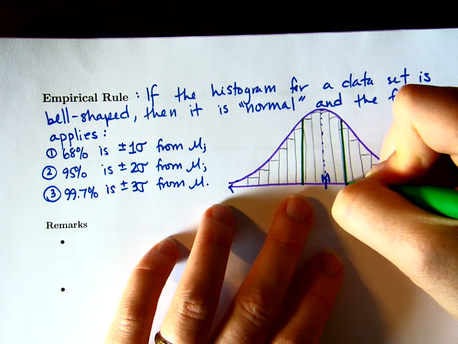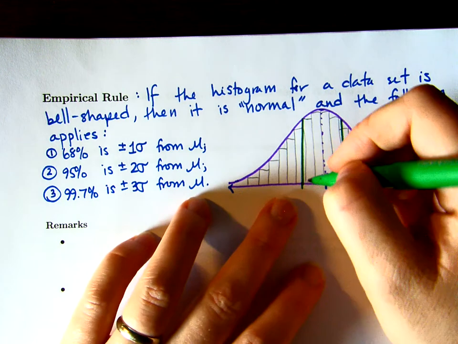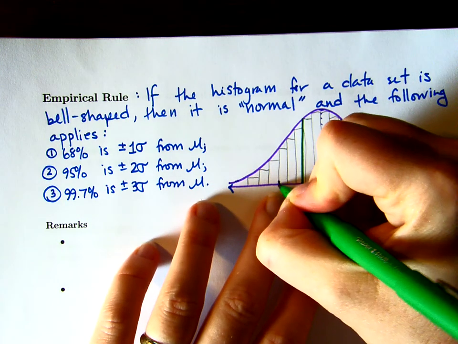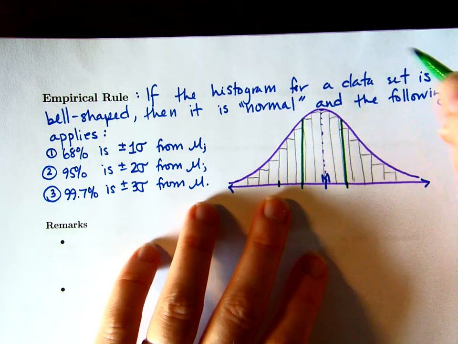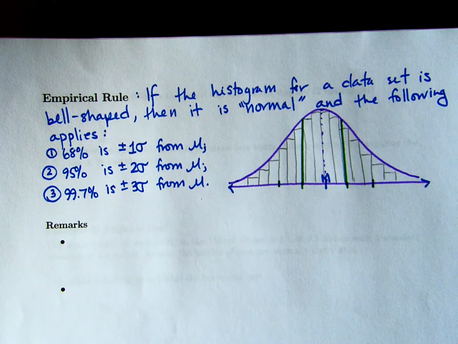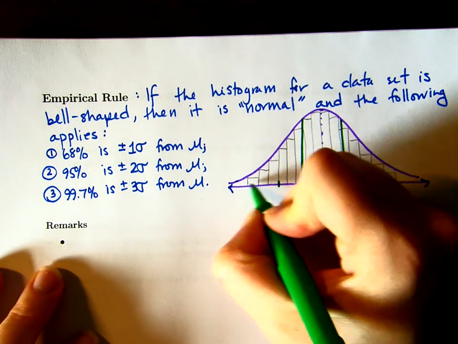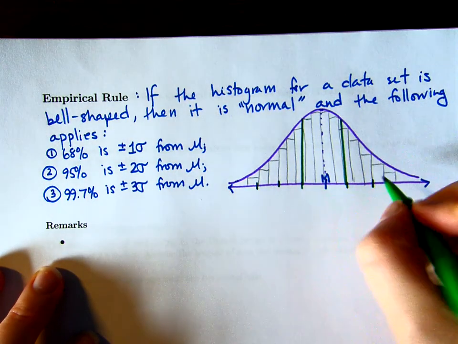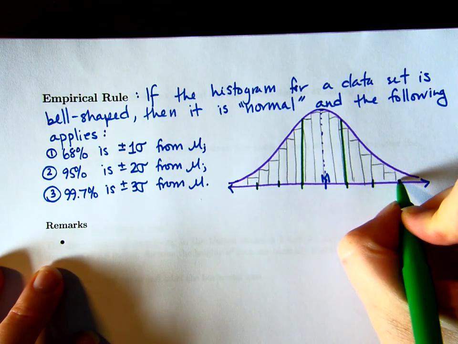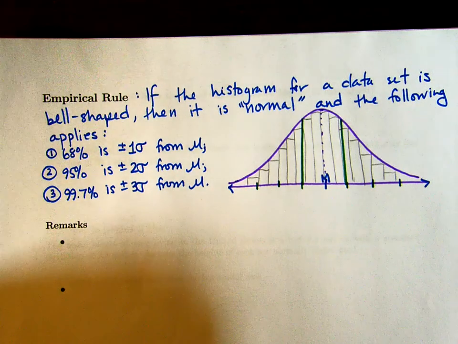I'm trying to make it symmetrical. 1 ticky mark, and then about here, we want symmetry. 1, 2, and 3. Okay, so here's what's going on.